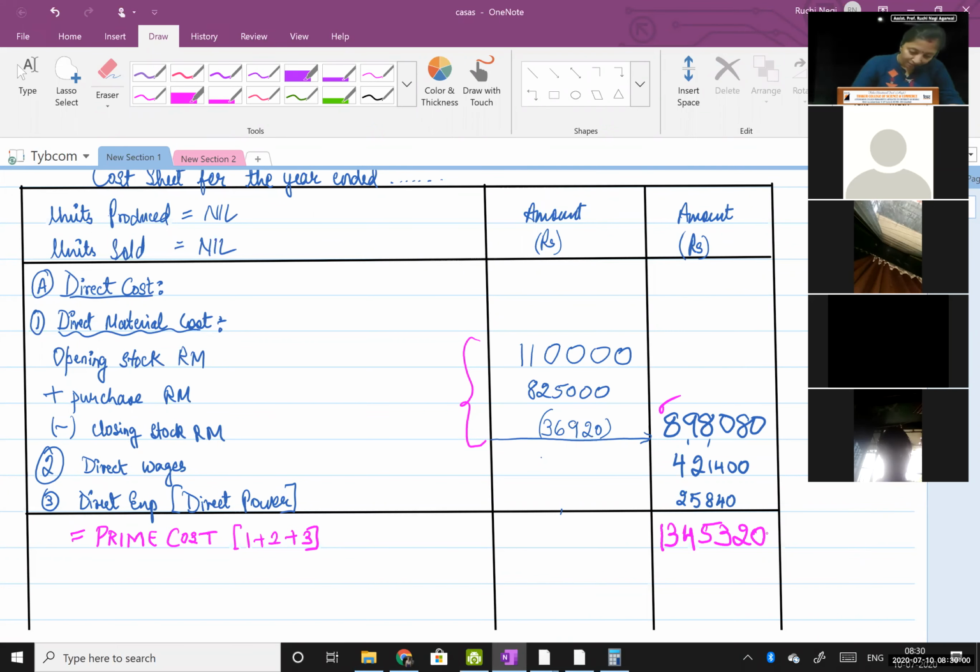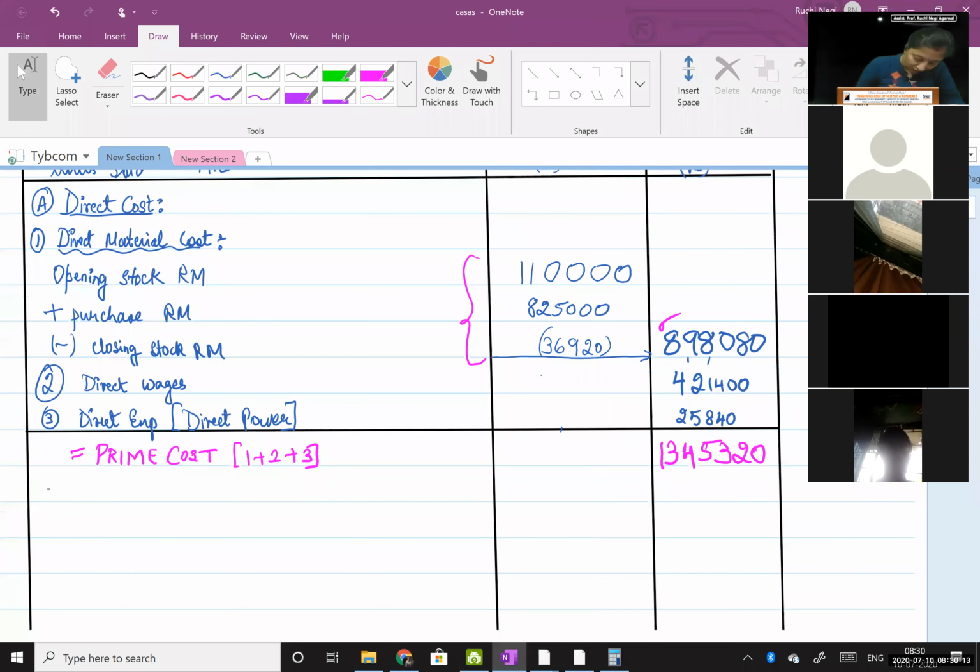Next, we are going to add indirect cost. Sorry, indirect cost. So next we come to the second part of your cost sheet, that is indirect cost.